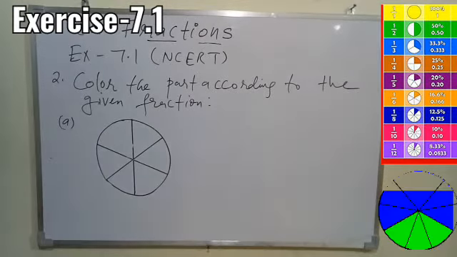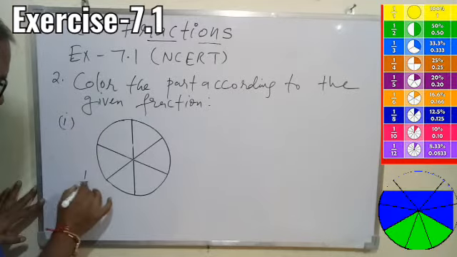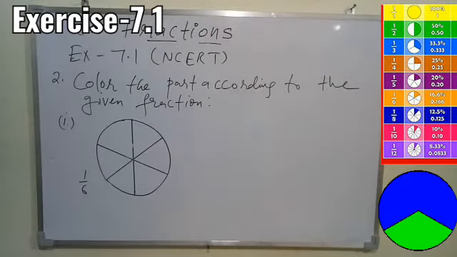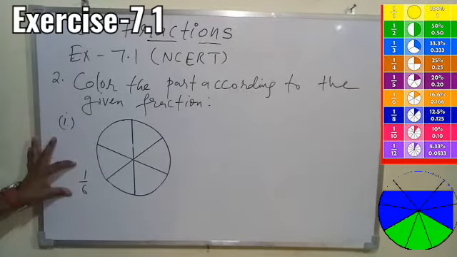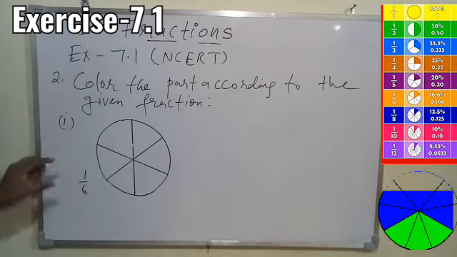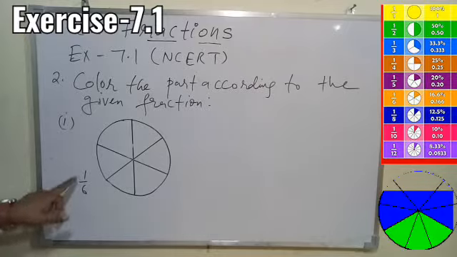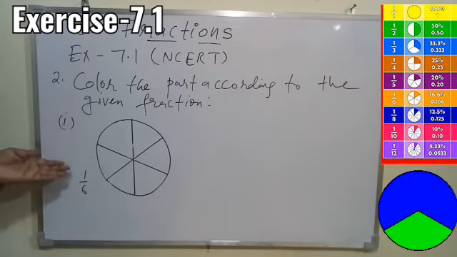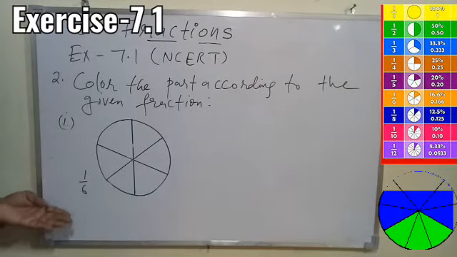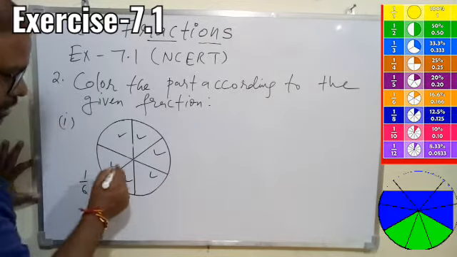Now next to this, it is written here. This is not A, this is 1. This is written 1/6. So one fraction is given to us next to the diagram, and based on this we have to color it. Means we have to show this fraction with the help of color. It is written 1/6, meaning one part out of 6 parts. You can see this is 1, 2, 3, 4, 5, 6.